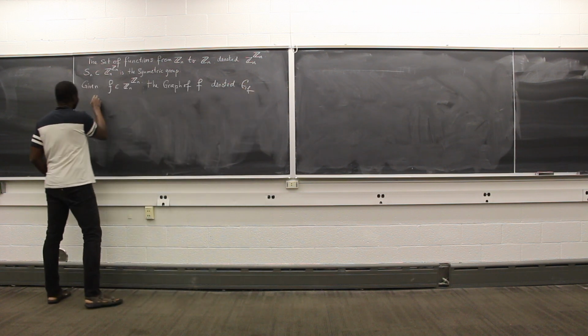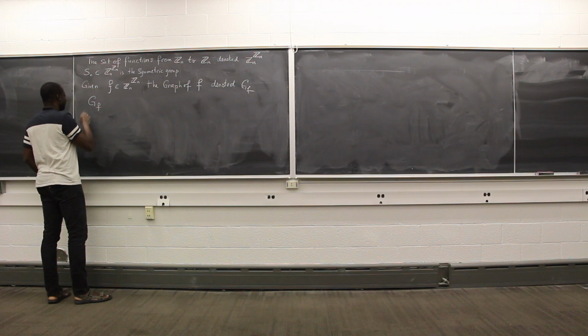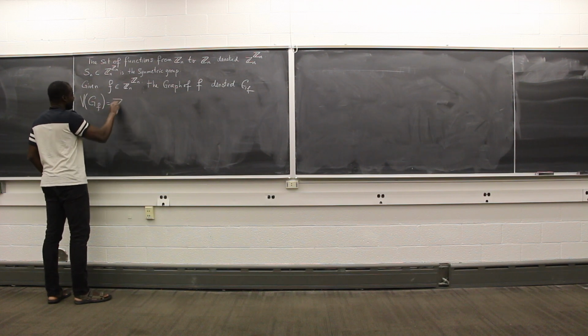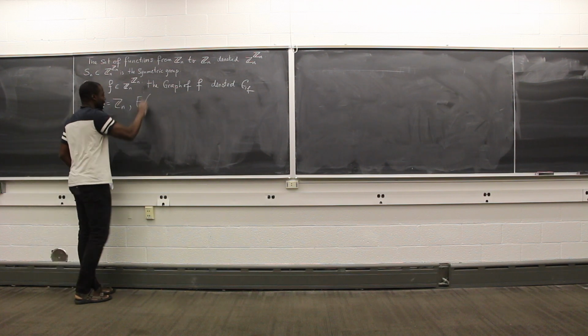So the vertex set of the graph is Zn. The edge set of the graph.